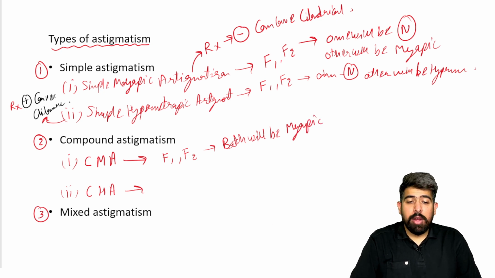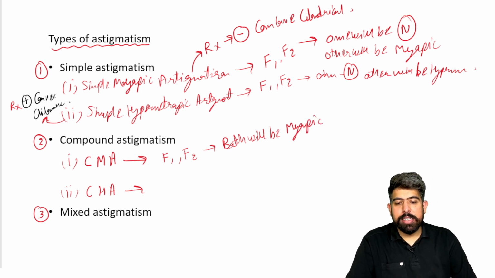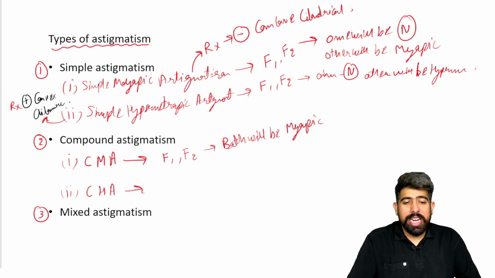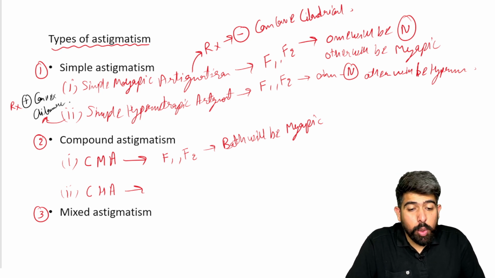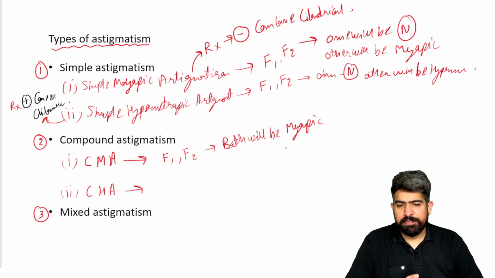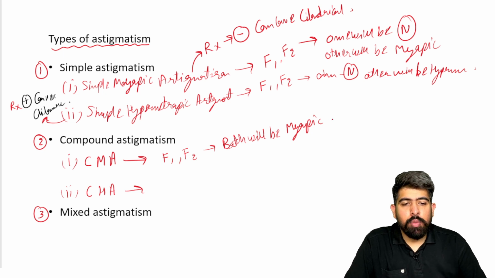You may say, sir, both are myopic, so it will be simple myopia only. No, guys, please understand: although both are myopic, one should be greater than the other. So f1 should be greater than f2, focus point 2.